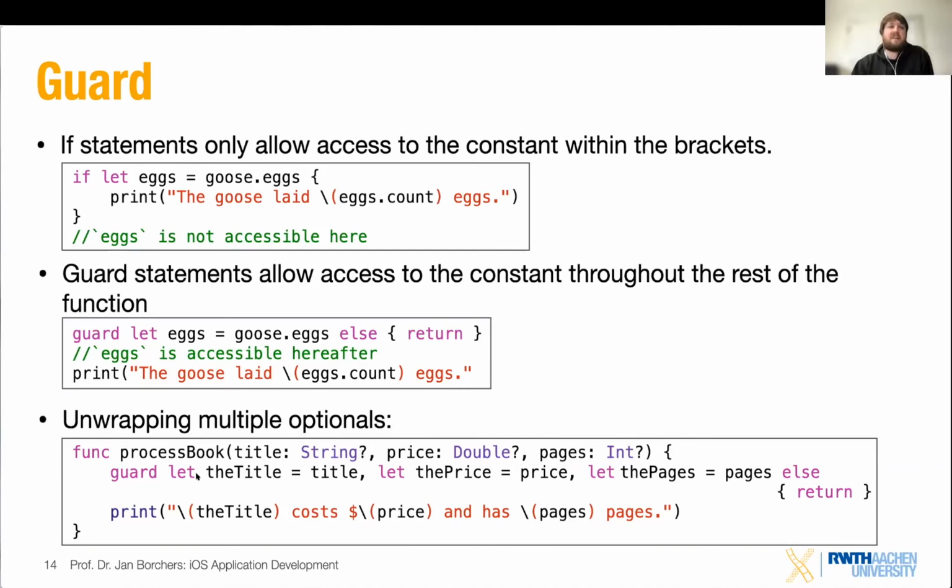We can have a guard statement that tries to unpack them: assign title to the title, price to the price, and pages to the pages. And if any of those were nil, then we directly return. So afterwards, we can be sure there is a title, a price, and a number of pages, and I can print that out directly and work with it.